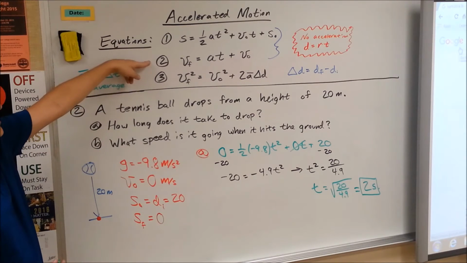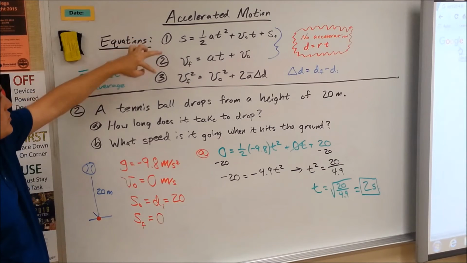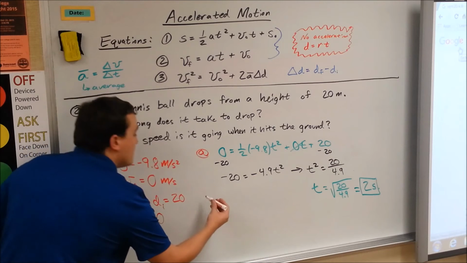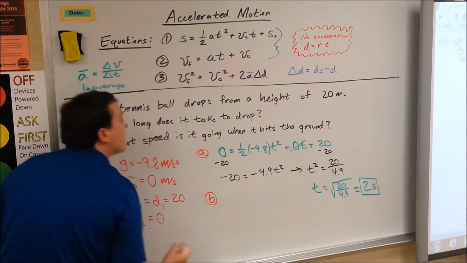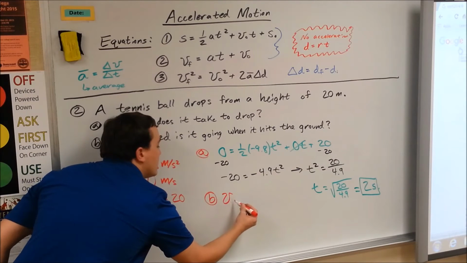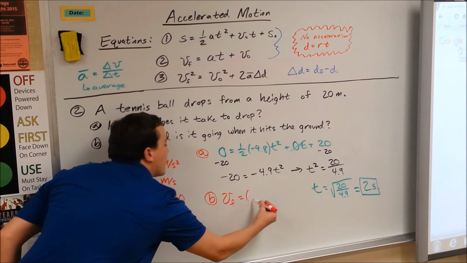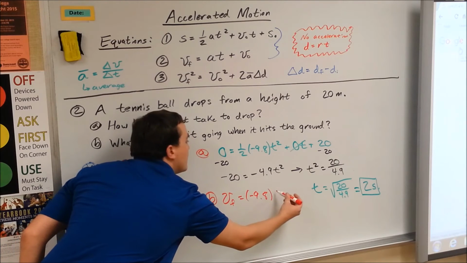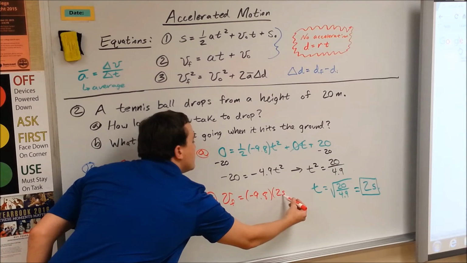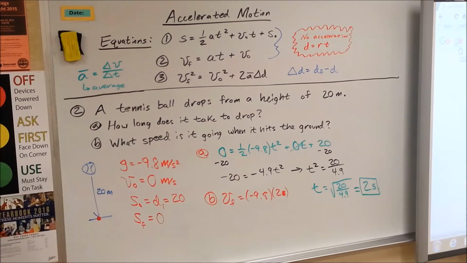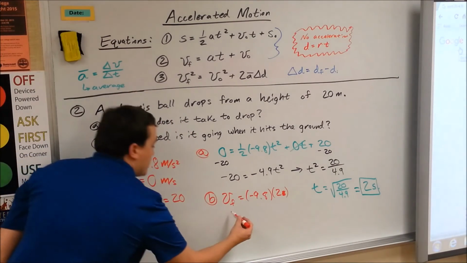So for part B, what speed is it going when it hits the ground? We can use the second equation. Remember, those two go together. So for part B, we have final velocity, which is what we're looking for, equals acceleration times time.